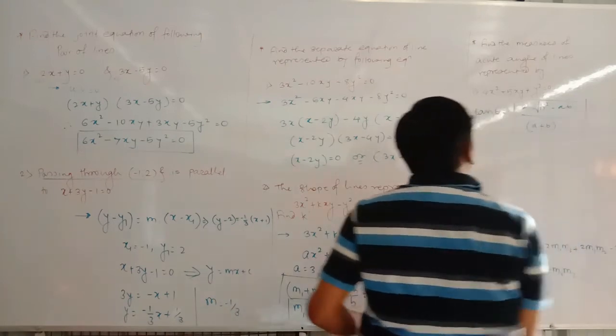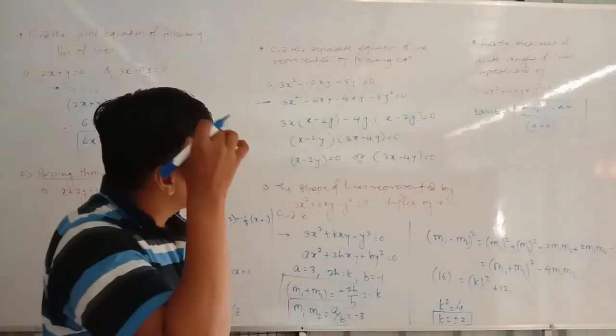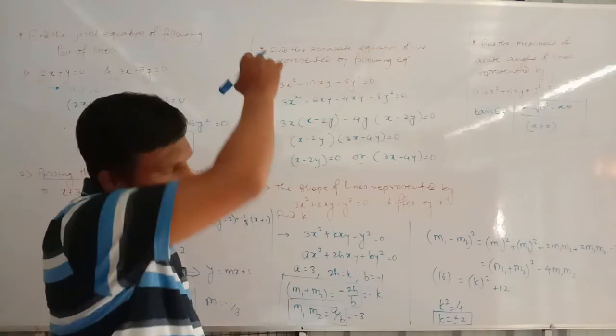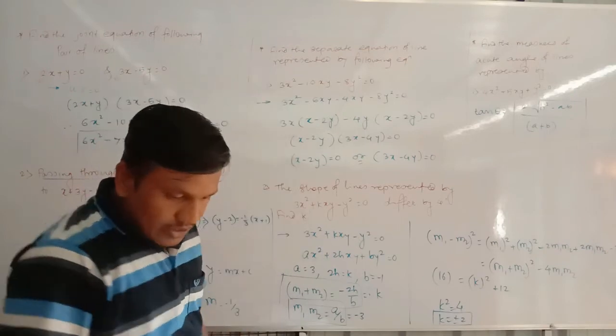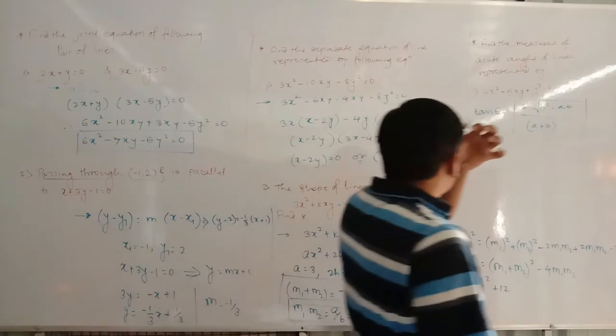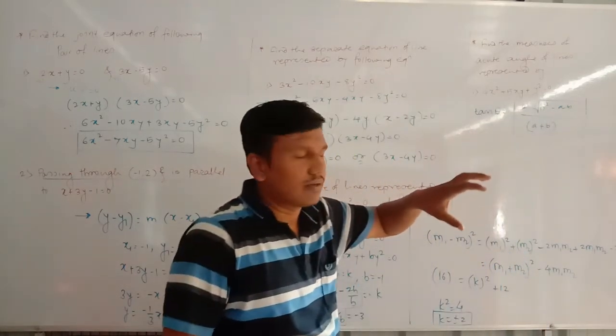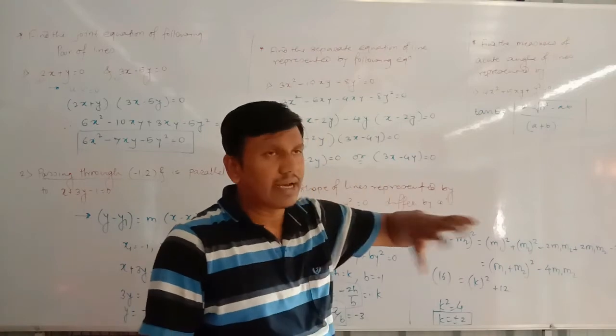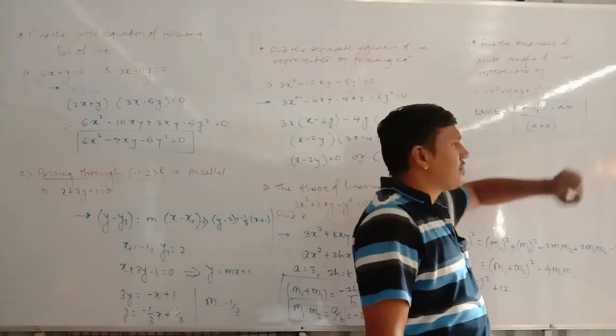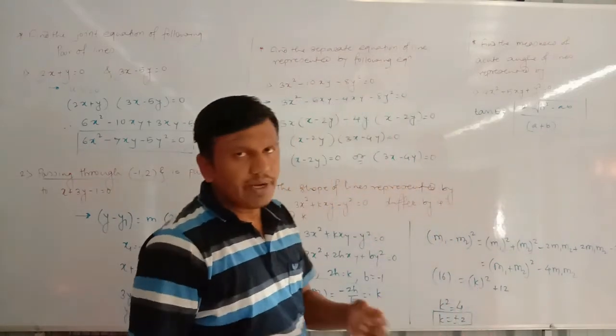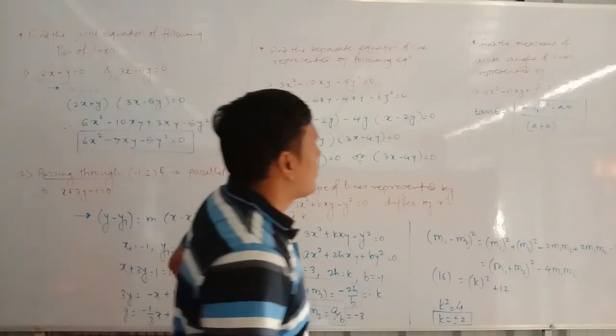This is the equation of the acute angle for the given joint pair of lines. If square root of h square minus ab is 0, then the two lines are parallel to each other. If a plus b is equal to 0, then the two lines are perpendicular to each other. Likewise we have to find.